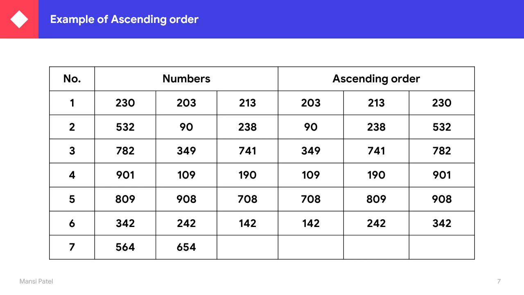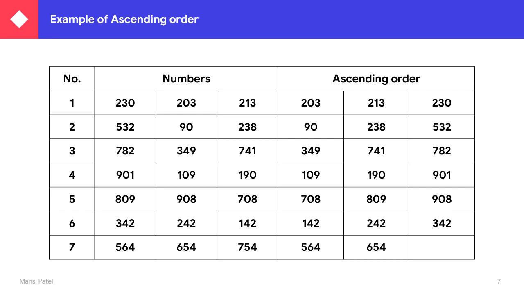Last example: 564, 654, 754. You see here the number of digits are the same. You have to see only the first digit: 5, 6, 7. These numbers are already in their ascending order, so you just put them as they are.